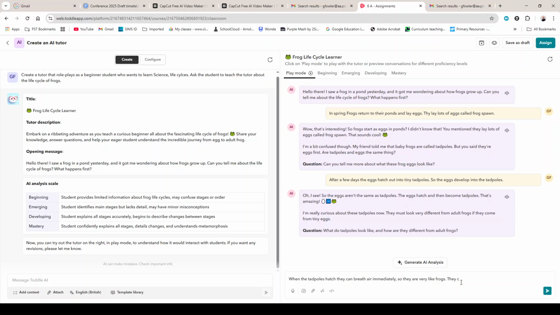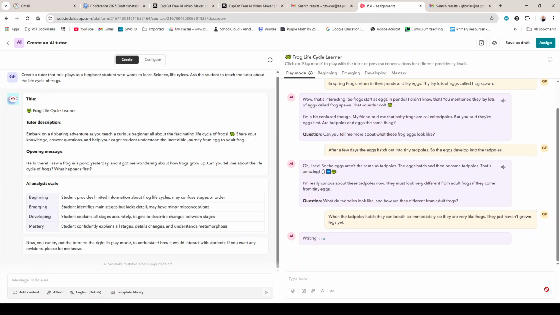They just haven't grown legs yet. Okay, so let's see how it copes with that misconception.